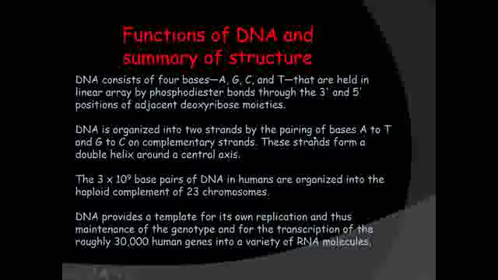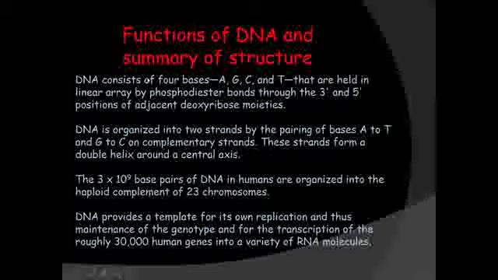So what we have done till now, if we try to summarize the DNA function and structure, we can say that DNA consists of four bases: adenine, guanine, cytosine, and thymine, that are held in a linear array. This is the primary sequence of the DNA, which is made by the phosphodiester bonds between two nucleotides, between the 3' hydroxyl and 5' phosphate group.